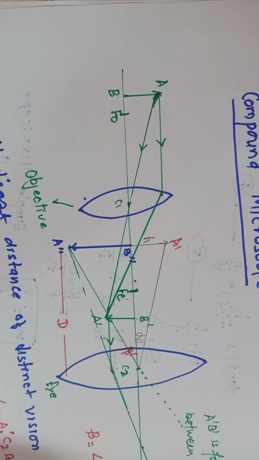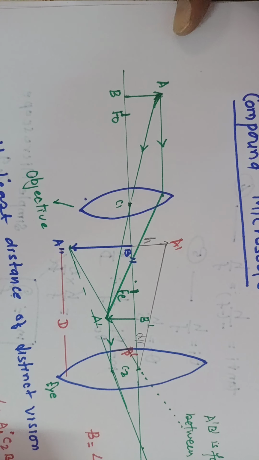Now to calculate the magnification power, how to calculate the magnification? Then tan beta upon tan alpha. So we will write tan beta upon tan alpha.